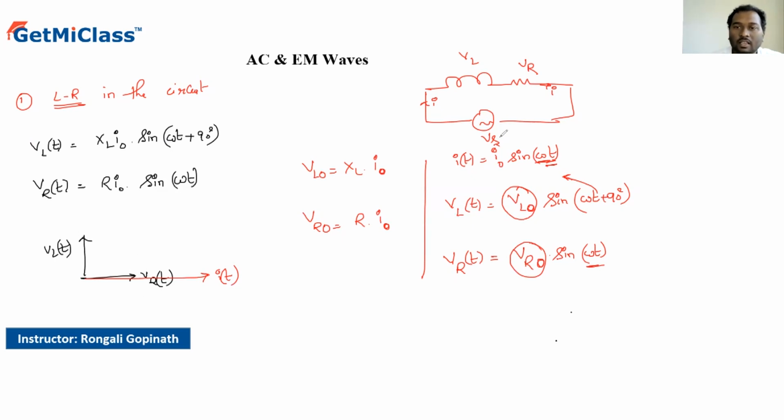So can I say the source voltage is nothing but the vector sum of these two? Because at any given time, VR and VL are not in phase, so the vector sum of these two will give me the source voltage. Vector sum is nothing but the resultant. This would be Vs. So Vs is equal to VL vector plus VR vector.